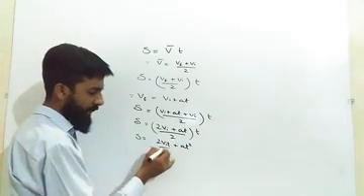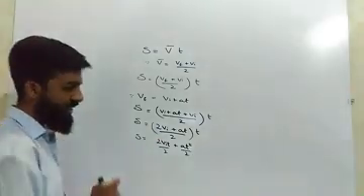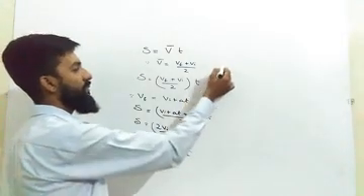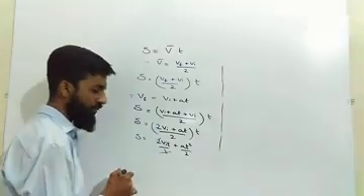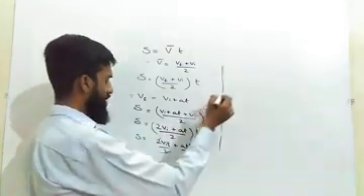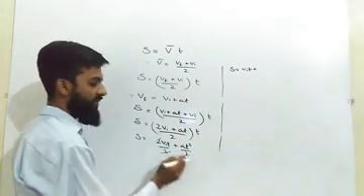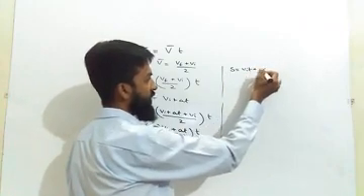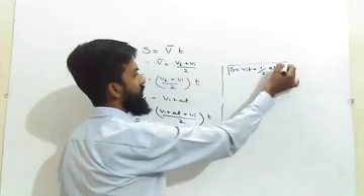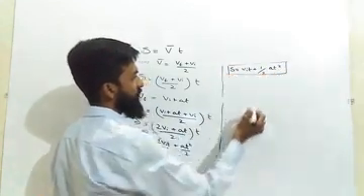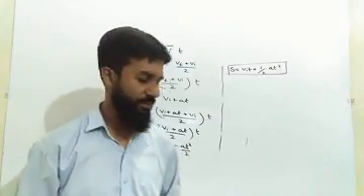Writing the denominator 2 separately with each term, this 2 will be cancelled by the above 2, and we get s is equal to Vit plus half at square. This will be our second equation of motion.